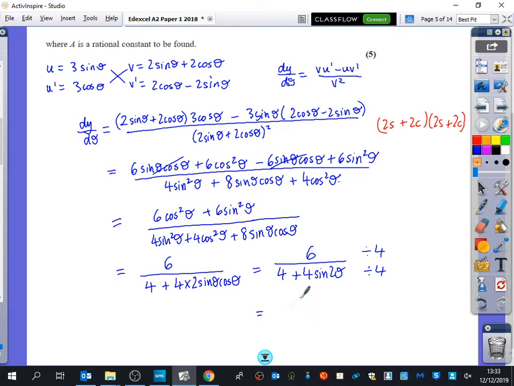So we end up with 6 divided by 4 on the top, and then 1 plus sine 2 theta, which is the same as 3 over 2, 1 plus sine 2 theta. So the value of a that we were looking for was 3 over 2. The only thing you need to spot is that the double angle formula takes you across to sine 2 theta.